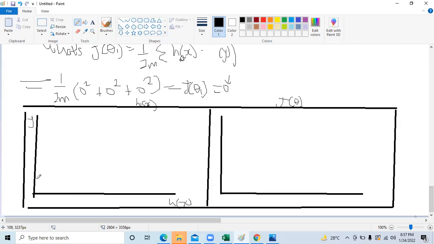Let me label this 1, 2, 3. Then 1, 2, 3.